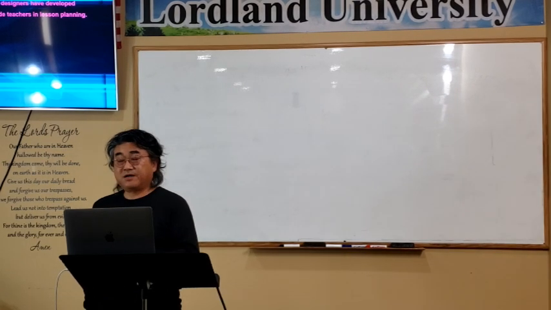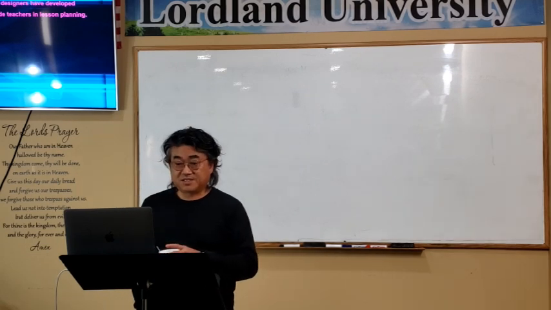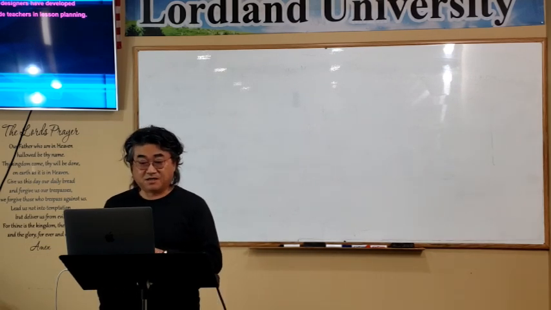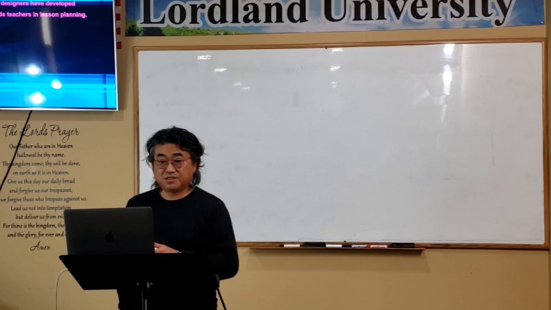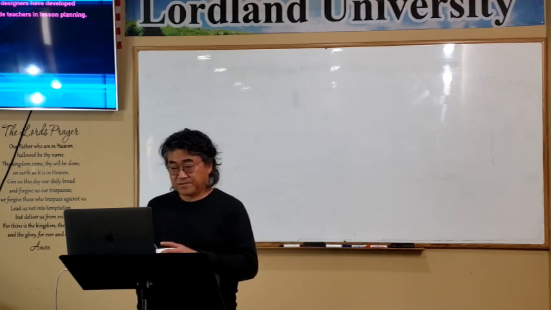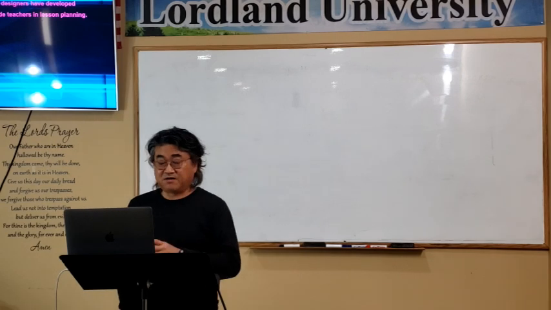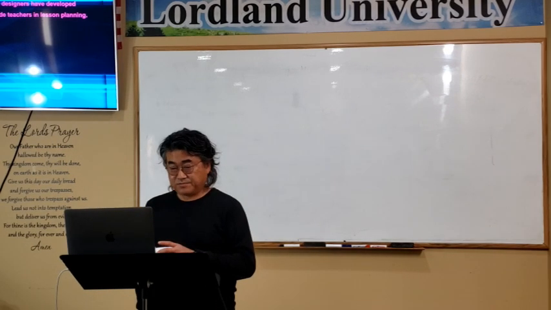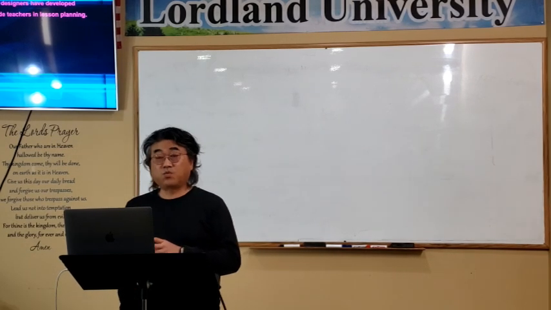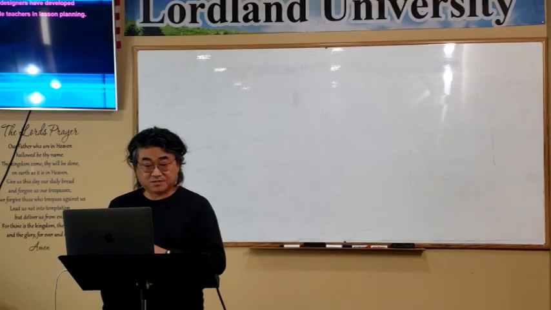Okay, one of those design models we call Bloom's taxonomy. Gagne's 9 events of instruction, and backward design models.